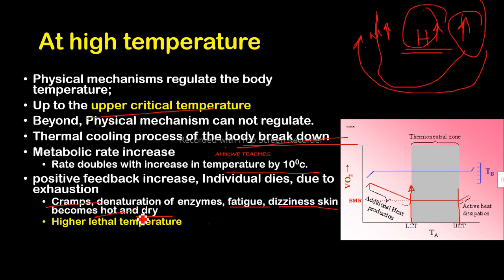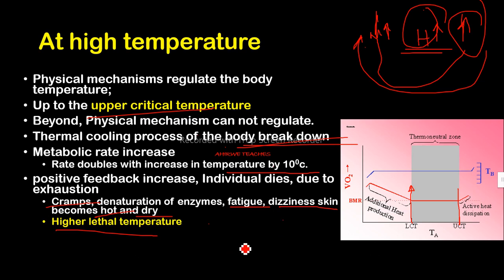So all these vital processes that occur in our bodies stop. The heart stops pumping. The brain breaks down. The liver, everything completely breaks down, and the organism dies. And that temperature at which the organism dies is known as the higher lethal temperature.